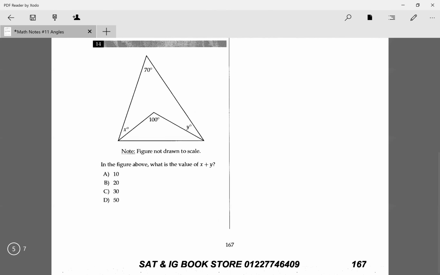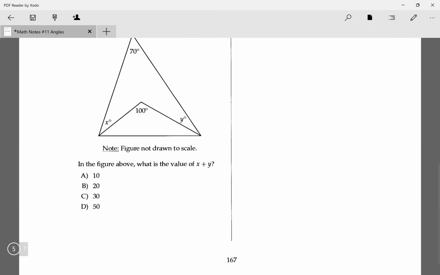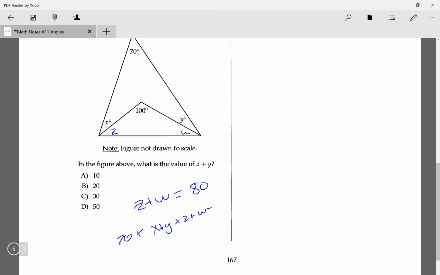And finally, we go over number 14. In the figure above, what is the value of x plus y? Well, as you can see here, let's say this is z and this is w. I already know that z plus w has to equal 80 because 100 plus 80 would have to equal 180. And I also know that 70 plus x plus y plus z plus w equals 180, because of this angle plus this angle plus this angle.